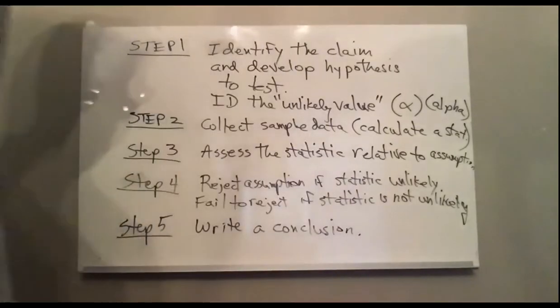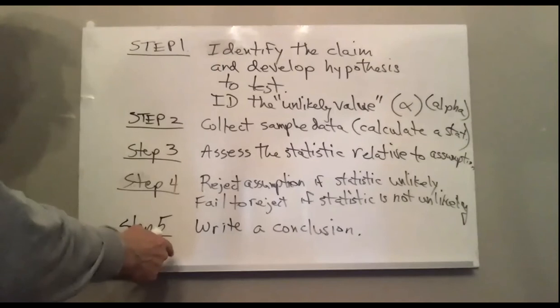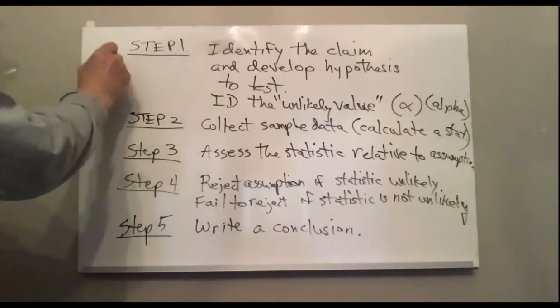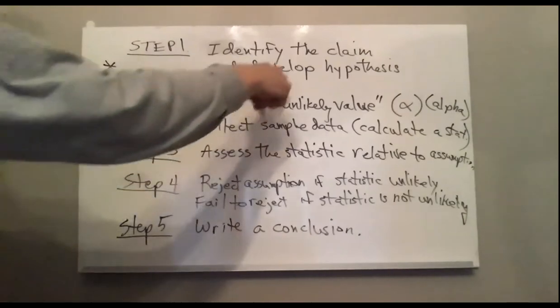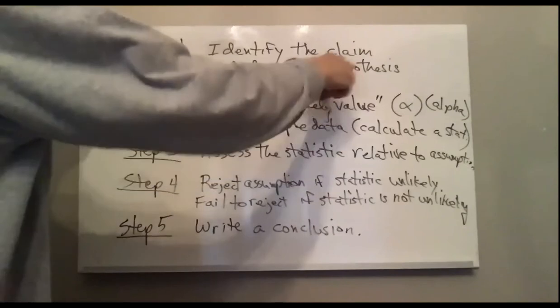In the next video, we're going to flesh these out. All 5 of these things, we'll flesh them out. We're going to have quite a bit of work up here identifying the claim and the hypothesis.